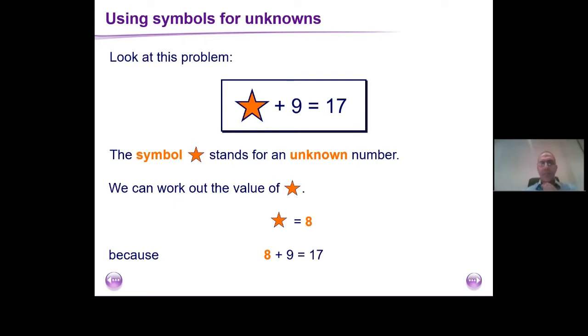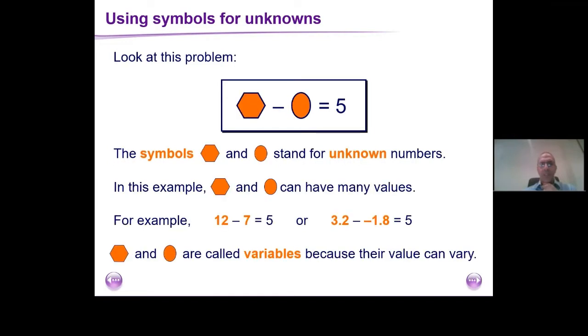And another example is this one here. So something minus something else equals 5. Now these two symbols are unknowns as well. We don't know what these two are, but they could be many different things. So any two terms that subtract to get 5 is acceptable.